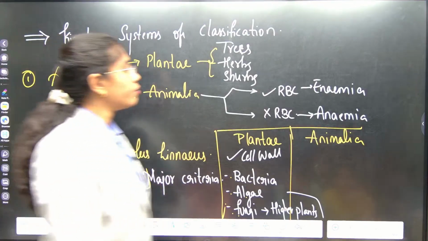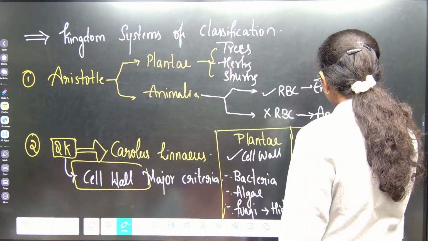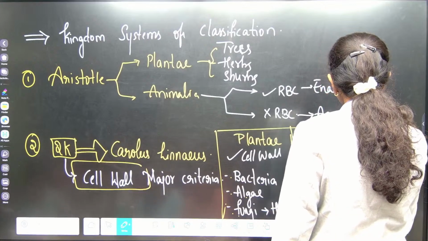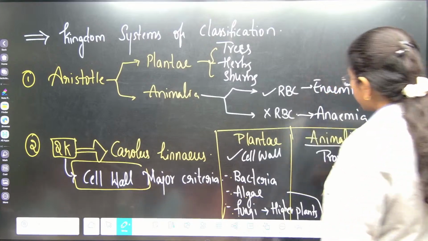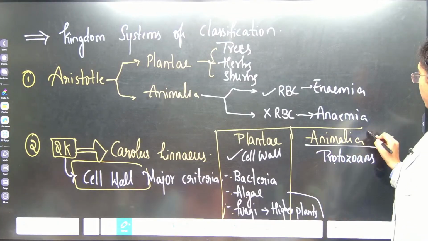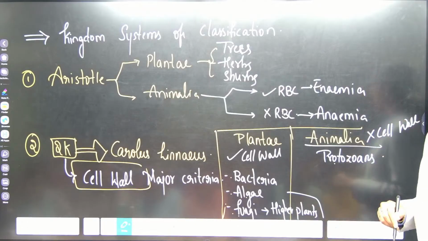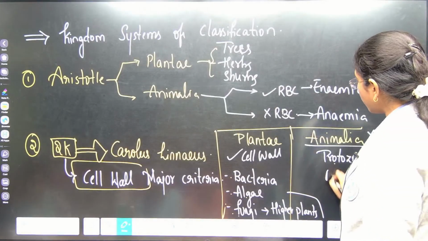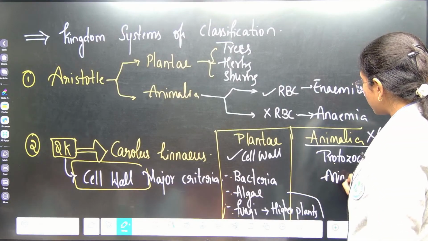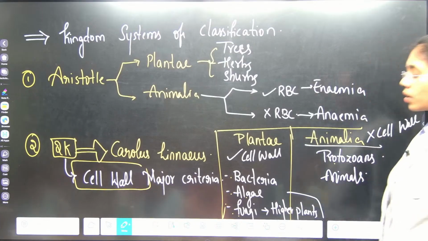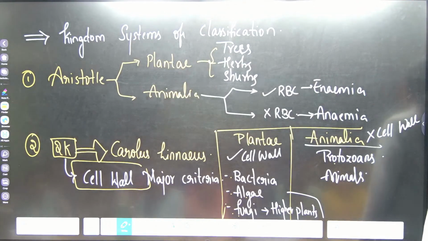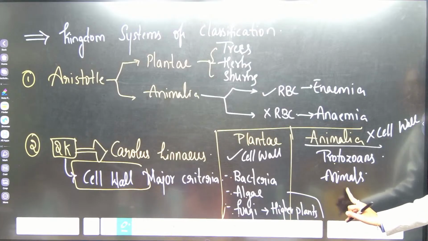Whereas in Animalia, if you see again, protozoans, which don't have a cell wall, are placed under Animalia. One more example I can give you, higher animals, those unicellular organisms which don't have a cell wall are placed under what?